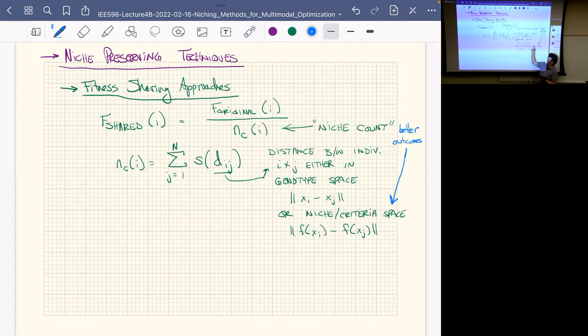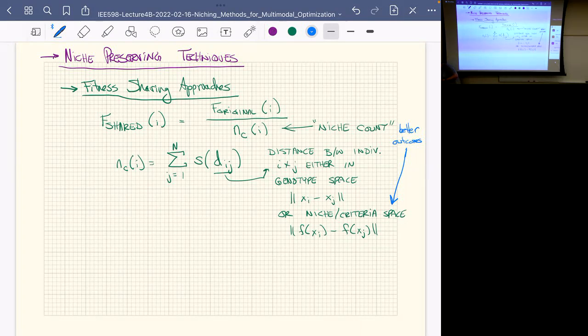For each individual i, we can then calculate how far they are from every other individual. That already sounds costly, because if you have n individuals, you're going to have n squared connections between every individual and every other individual, and each one of those n squared connections has an associated distance. So already we're getting pretty costly here.